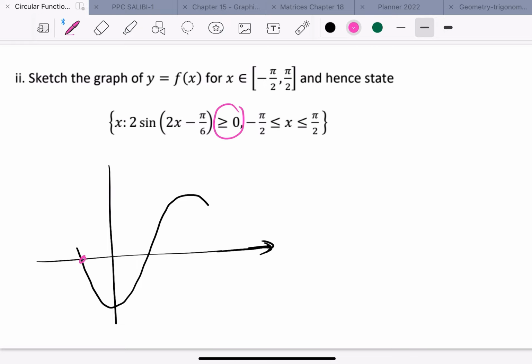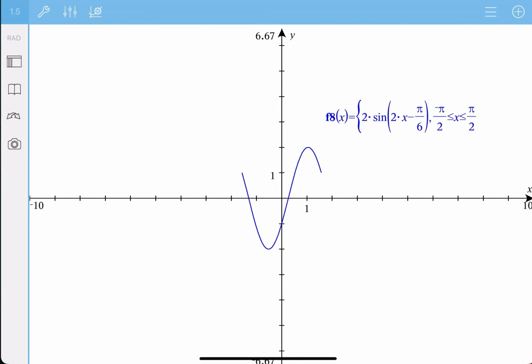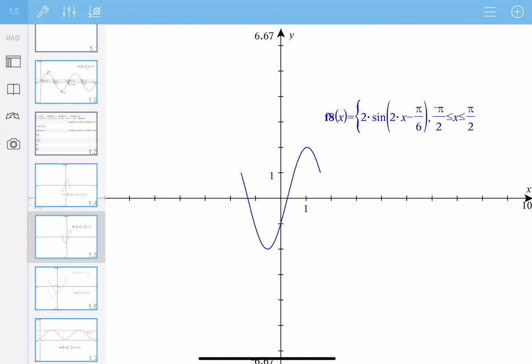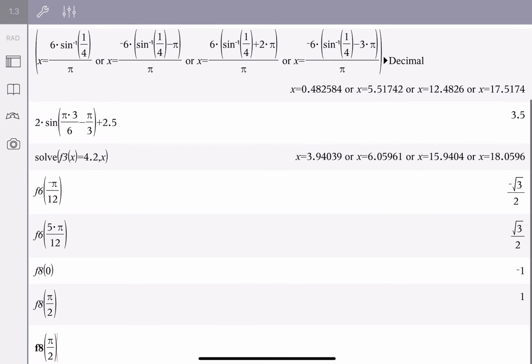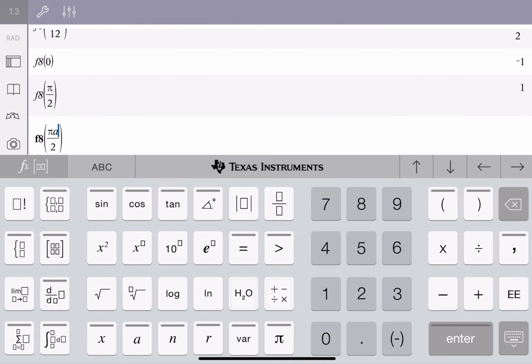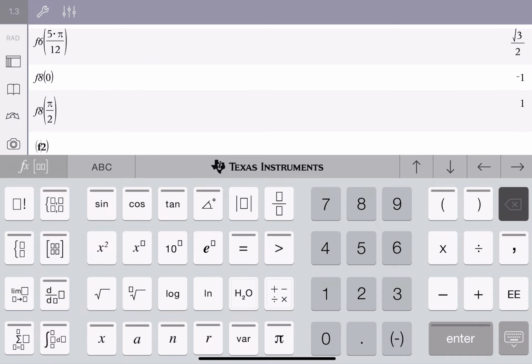Okay, how do I find these two values? Well, all I need to do, as I did before, is just solve this equation, but instead of having the inequality, I would have an equal sign. So I'm going to go ahead to my calculator page now, and I'm going to put in solve.